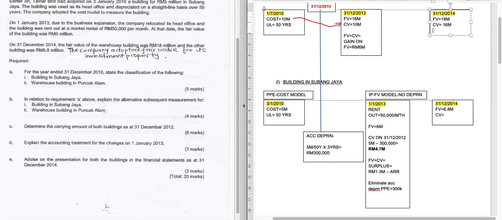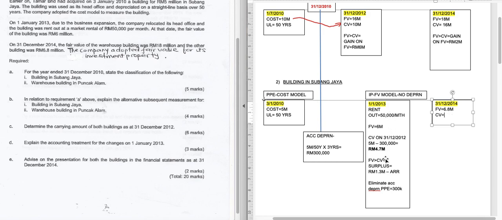So since fair value is more than the carrying value, this is investment property, so it is a gain on fair value of RM 2 million. For the building in Subang Jaya, it is also an IP.